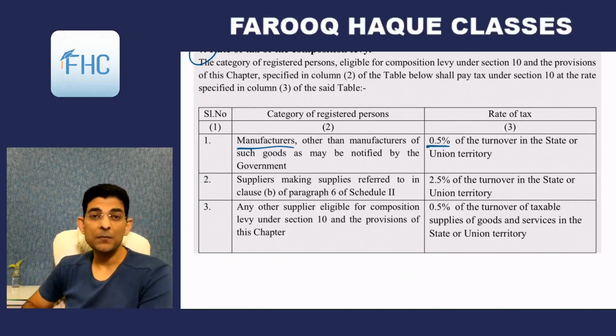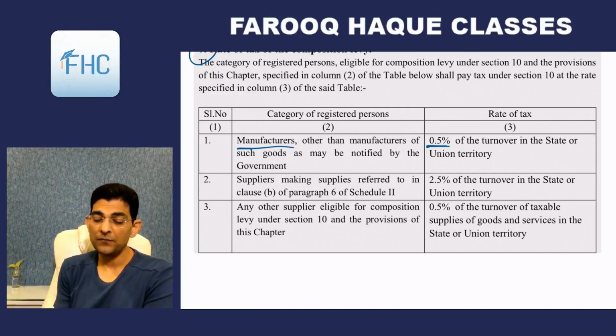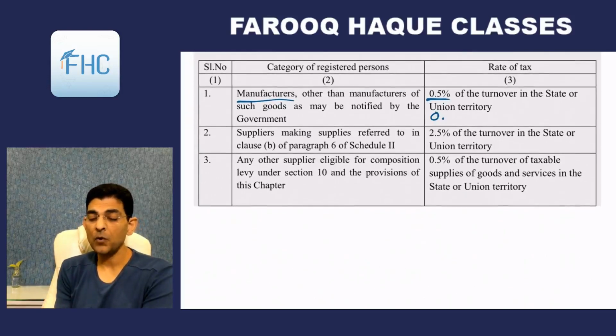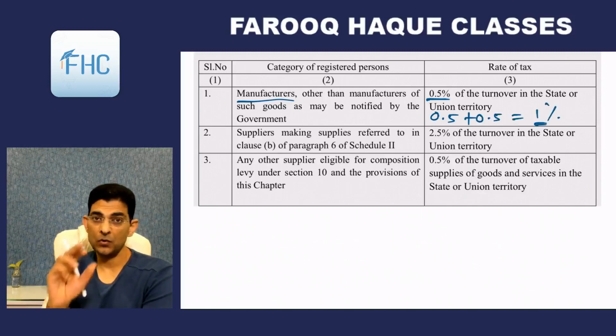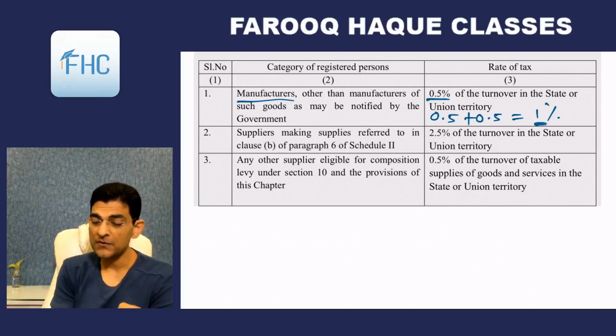The maximum prescribed in the section was 1% for them, but right now government has levied 0.5%. Maximum is 1, but they have levied 0.5. So if you add 0.5 plus 0.5 SGST, then the total of CGST and SGST or UTGST will become 1% for manufacturers.